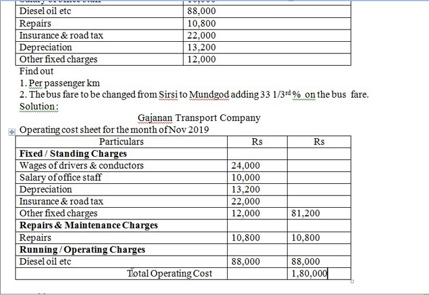Okay, now this is called as total operating cost. Now they have asked us to find out what? Per passenger kilometer. So next thing is to calculate per passenger kilometer.